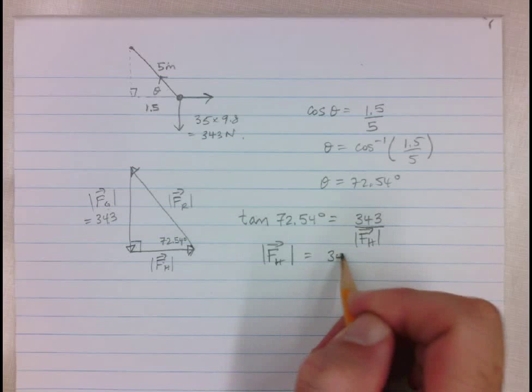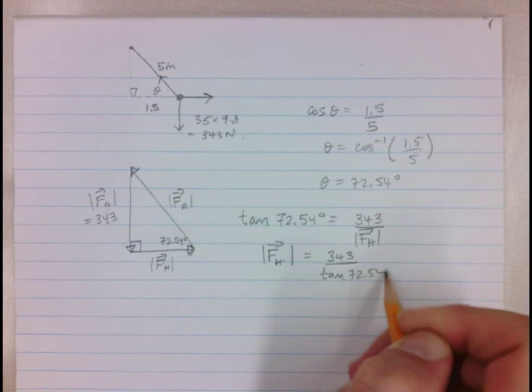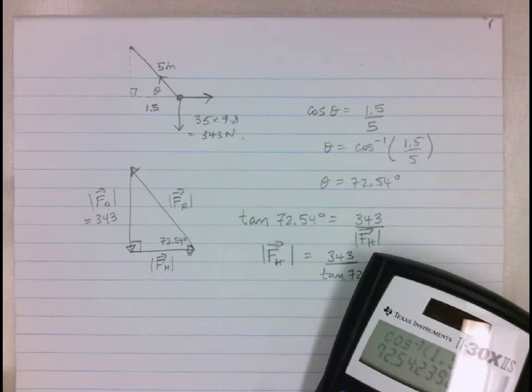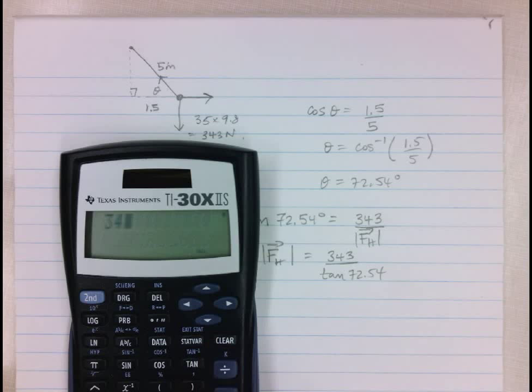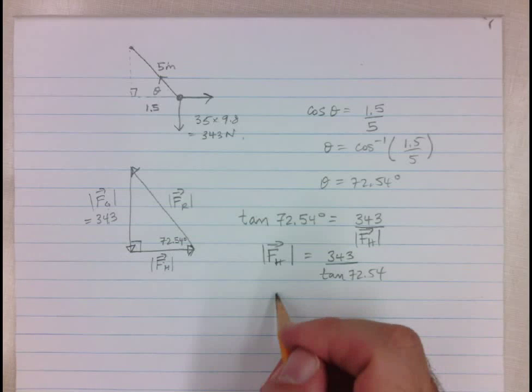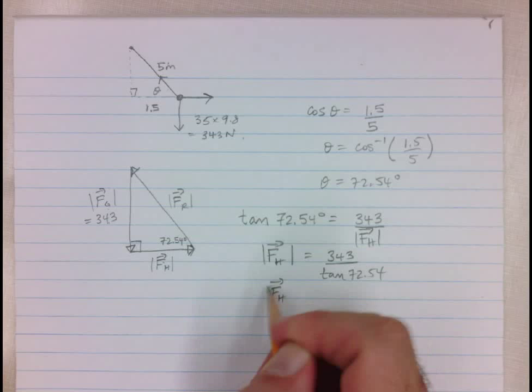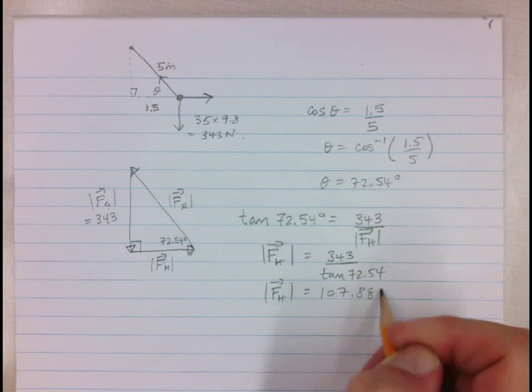So we got 343 divided by tan of 72.54, which is equal to 107.88. So the magnitude of FH is equal to 107.88 newtons.